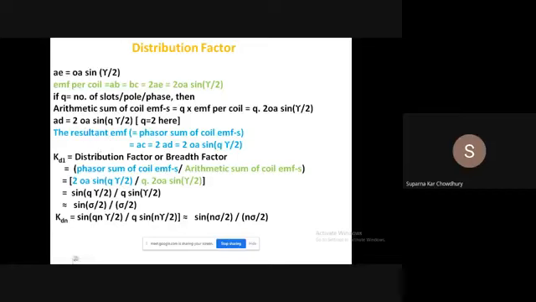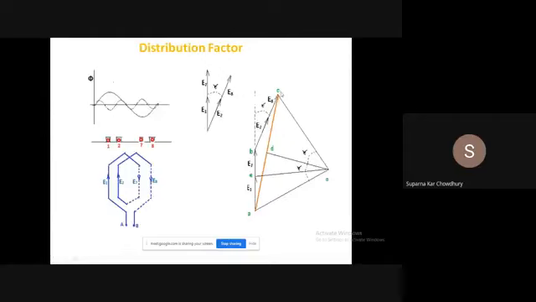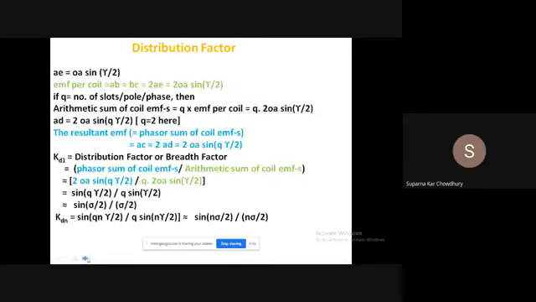Now the resultant EMF is this one. So what is the resultant? Now this total angle is twice gamma here. So AD is OA sine of gamma, so this will be twice OA sine of gamma. Now here it is gamma because I have taken Q equal to 2, but in general it will be Q gamma by 2.